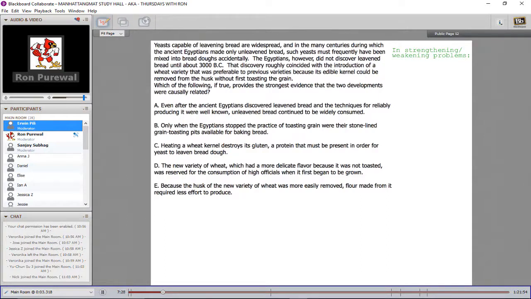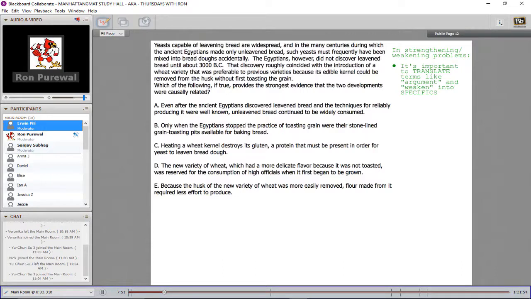It's important to translate terms like argument and weaken into specifics. This is one of the biggest issues that people have: you don't want to think about words like weaken the argument.